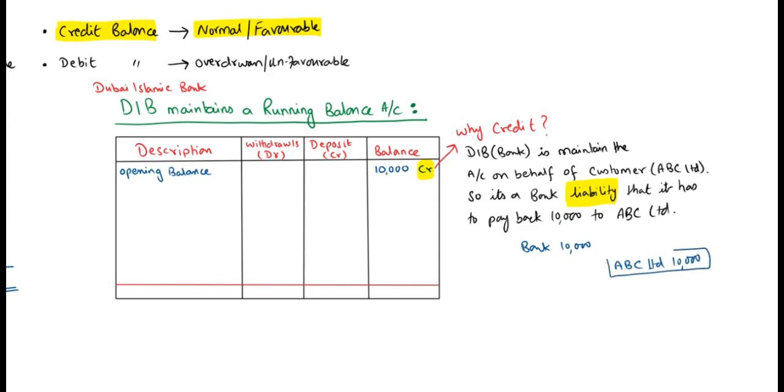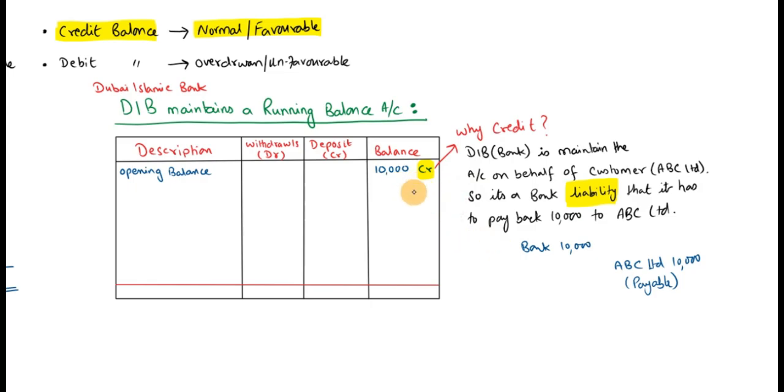So ABC Limited is, not a creditor, you can say a payable for DIB. So DIB feels liable because it has to pay back 10,000 to ABC Limited.